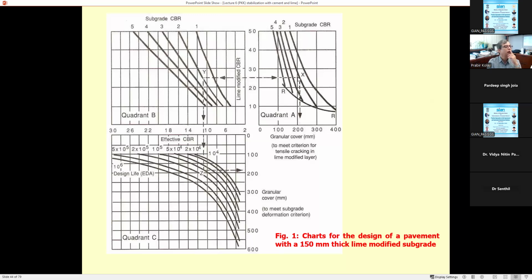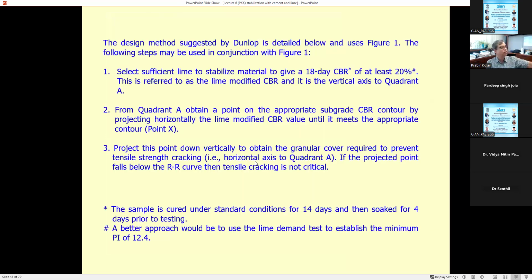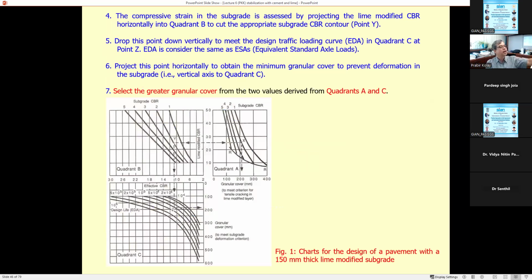And then from there, you find the modified CBR value you need, and then you go down and, depending on the design load, calculate how much granular cover you need. The process is given over here, and from here you can easily calculate how much granular cover you need for this lime stabilized soil.